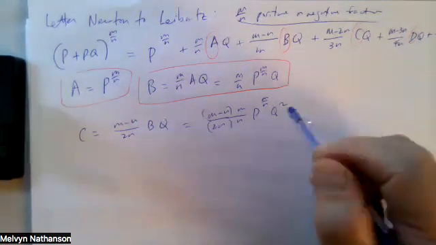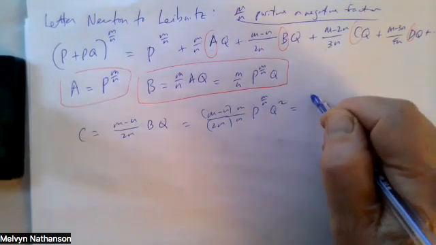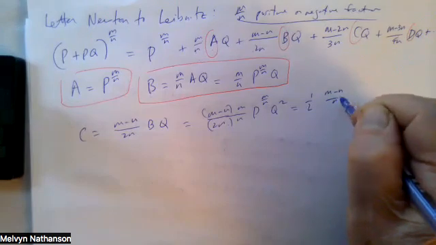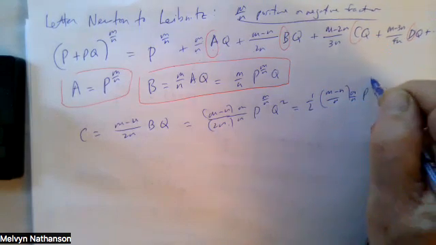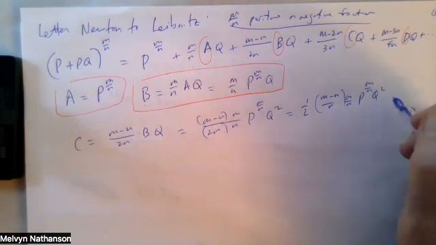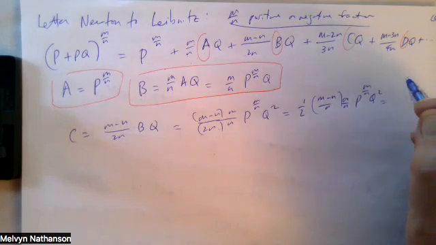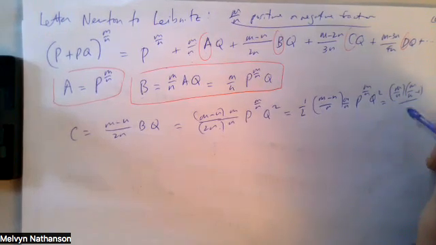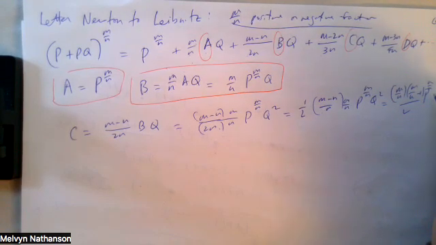And this expression I can write as 1/2 M minus N over N, M over N, P to the M over N, Q squared, which is M over N minus 1 times M over N over 2, P to the M over N, Q squared.